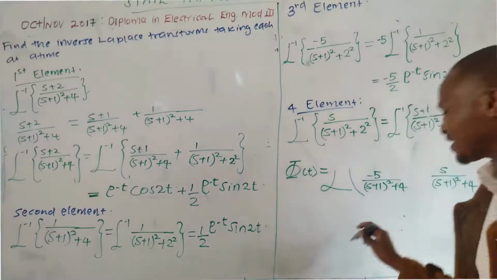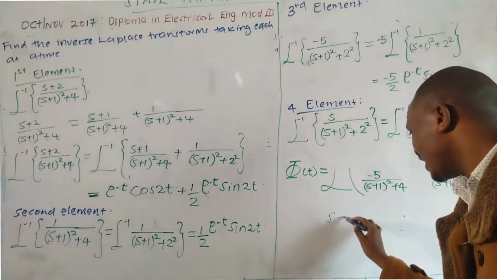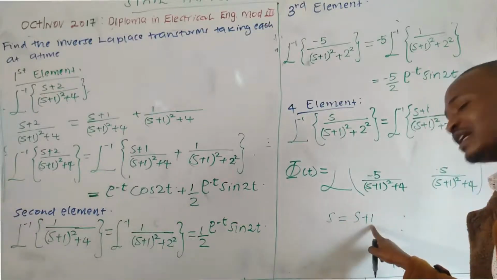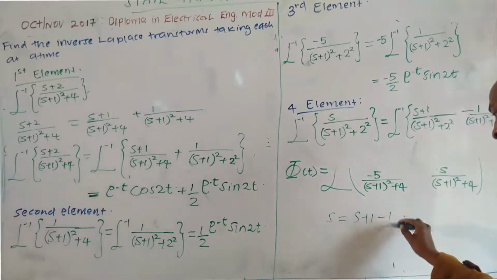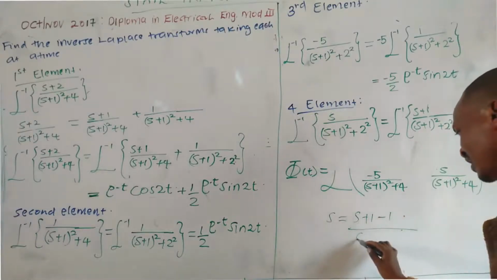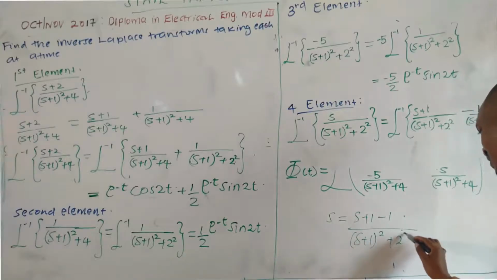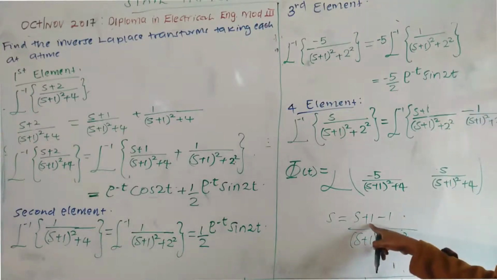You see what I'm saying? On the numerator you have s. I can say s is s plus 1, but because I've added a 1, I take it away again, over (s plus 1) squared plus 2 squared. Actually, that's what I've done.